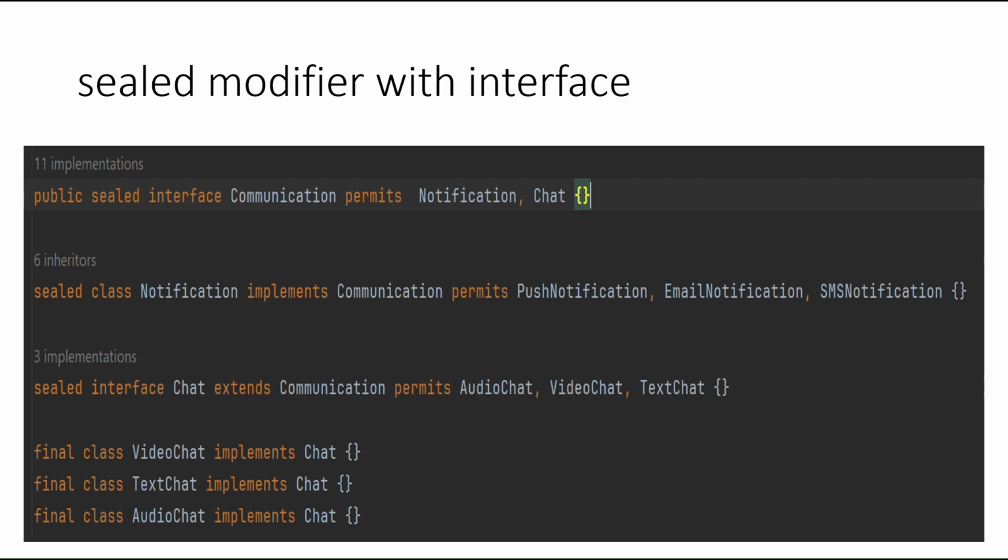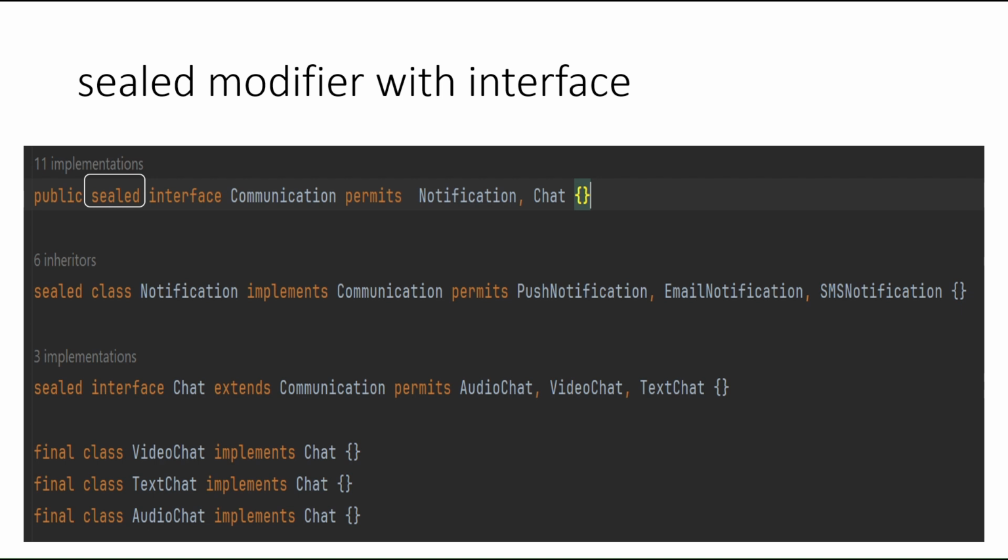I have created the interfaces and classes that we have seen in the diagram. On the top of the hierarchy, there is an interface named communication, and this interface is declared sealed.